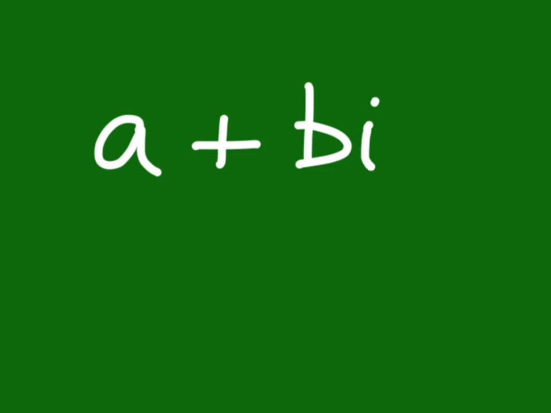Here's example 2. Here's the general form for the complex numbers. A plus bi. A is going to be a constant, and then b is a coefficient on the imaginary number I. So anytime you end up with an answer that has an I in it and any other number, or it could be a variable, put your I second, and then everything else first.